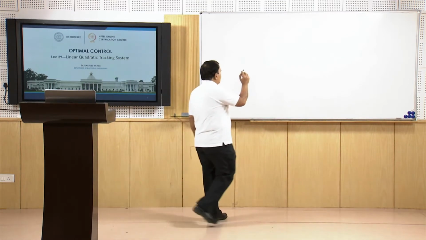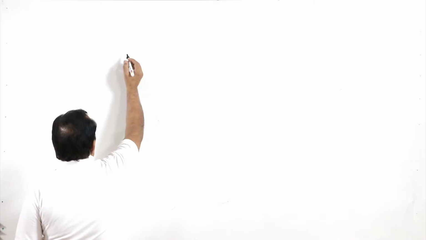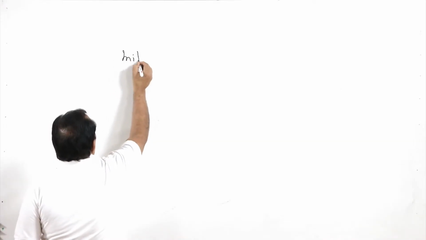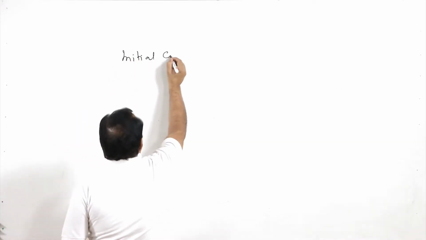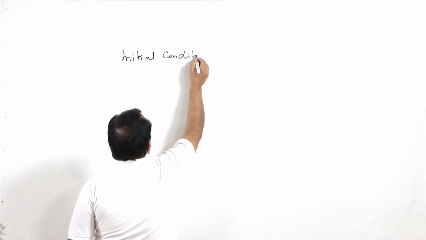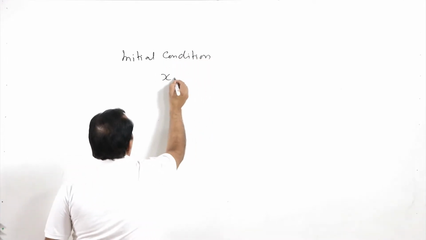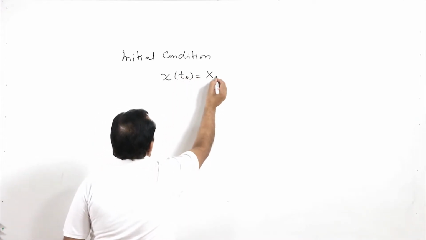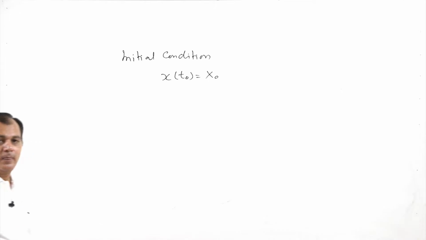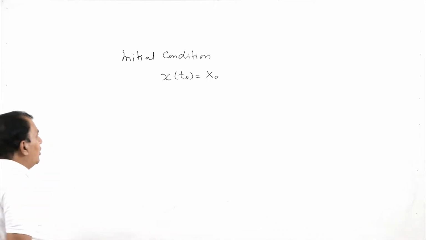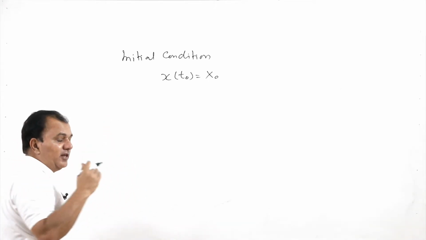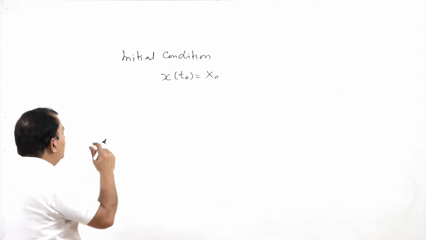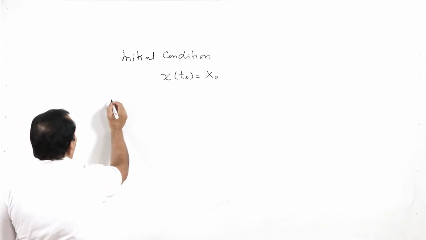So, with these equations I am given the initial condition x of t 0, let us say x 0, and to solve this I also need another boundary condition to be known, which we can find out from the terminal condition.